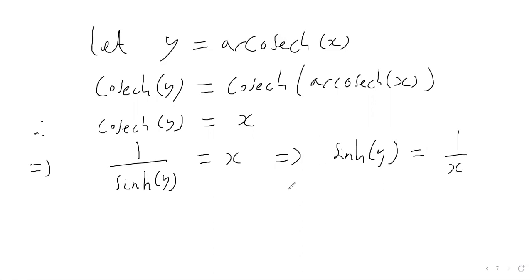We could apply the arsinh function, the inverse sinh function, to both sides. And you may think, yeah, that's fine, we can do that. But we've got to check first that we're allowed to do this.